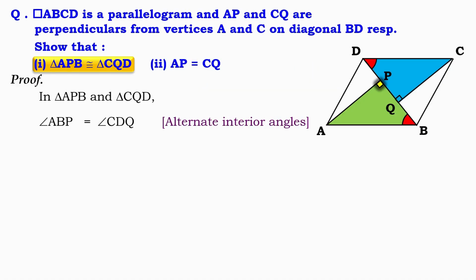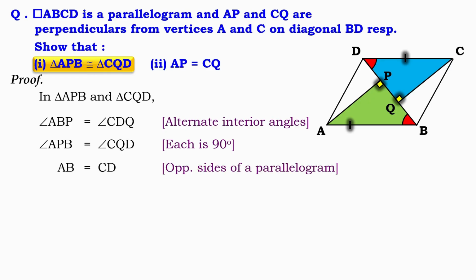Now angle APB is equal to angle CQD because these are 90 degrees. This is given. And since ABCD is a parallelogram, AB is equal to CD, because opposite sides are always equal in a parallelogram. Correct? So what we got is that triangle APB is congruent to triangle CQD by AAS criteria.